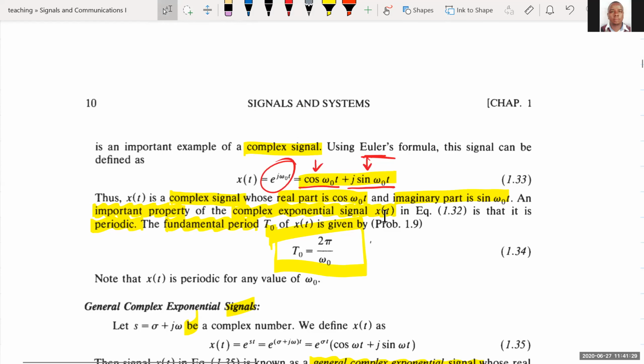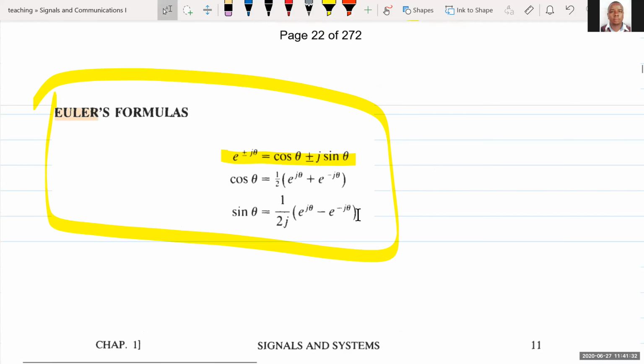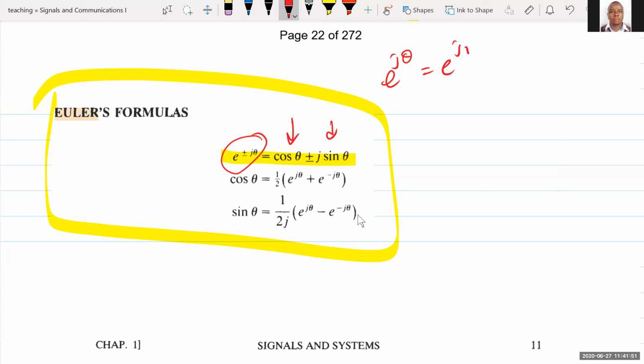So I have actually included Euler's formula here for any person who might have forgotten how we break the complex exponential value into sine and cosine. In our case, we had the exponent of j theta, and our theta was omega naught t, and that is why it becomes cos theta plus j sine theta, and theta is omega naught t, therefore it becomes cos omega naught t plus j sine omega naught t.